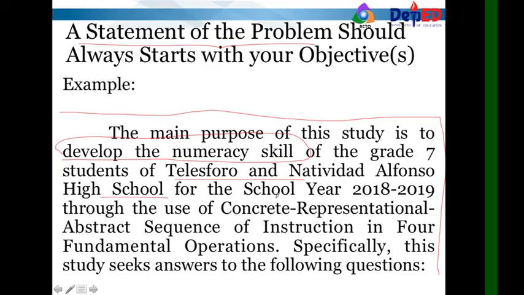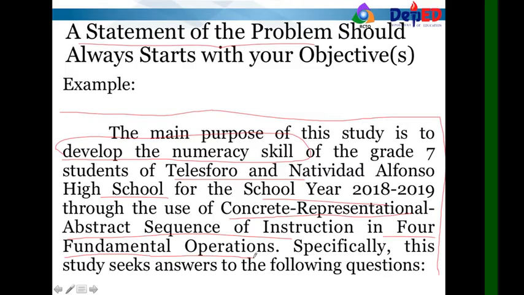At nakalagay kung anong school year siya. So, maaari mo makita sa objective yung lokal o yung place ng pag-aaralan mo at yung taon kung kailan mo ito pag-aaralan. Narito rin ang strategy na gagamitin niya para ma-develop ang numeracy skill ng mga grade 7 students. Okay? At narito din nakalagay sa objective ang topic na pag-aaralan niya.